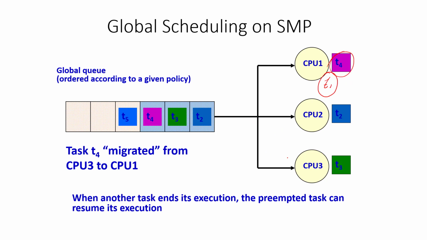Mind you, we can migrate tasks and we can also change our mind. Initially we were running T4 over here, but then we decided to keep T3 running here and instead migrate T4 to CPU 1. If you had swapped T3 out, it will come back in, T1 gets swapped out, and T4 starts running. These are all typical things that happen in a system with a global scheduler.